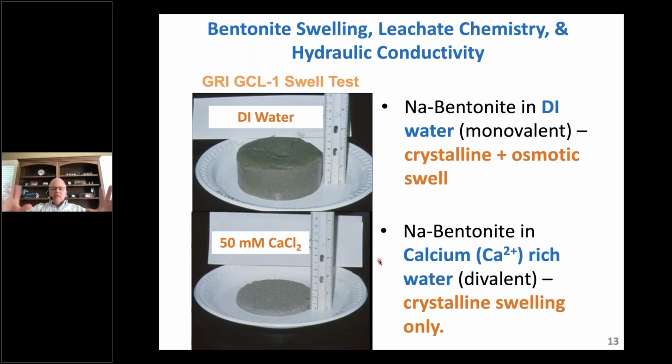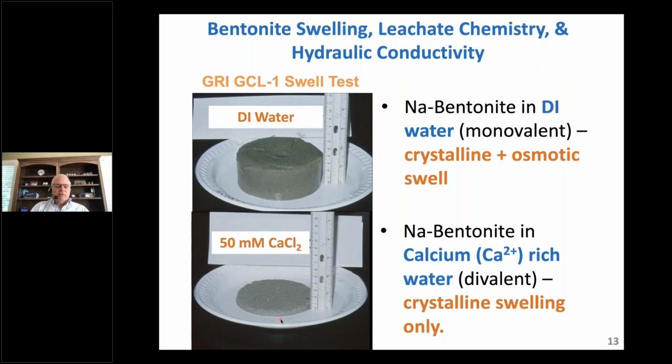We do that same exact experiment, identical, and we replace the deionized water with a 50 millimolar calcium chloride solution. So we pour that calcium chloride solution on the GCL, and we watch what happens. Everything else is identical. The lower photograph illustrates that. Nothing happens. Virtually no swell of the bentonite.